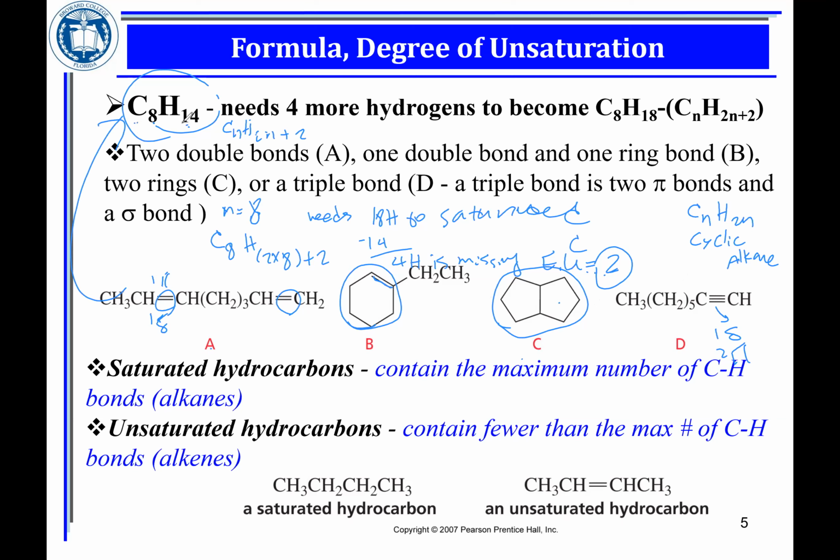So unsaturated hydrocarbon versus saturated. Unsaturated means that it is missing some hydrogen. It contains fewer than the maximum number of hydrogen for an alkane. A saturated hydrocarbon contains the maximum number of C-H bonds. An example of it is alkane.